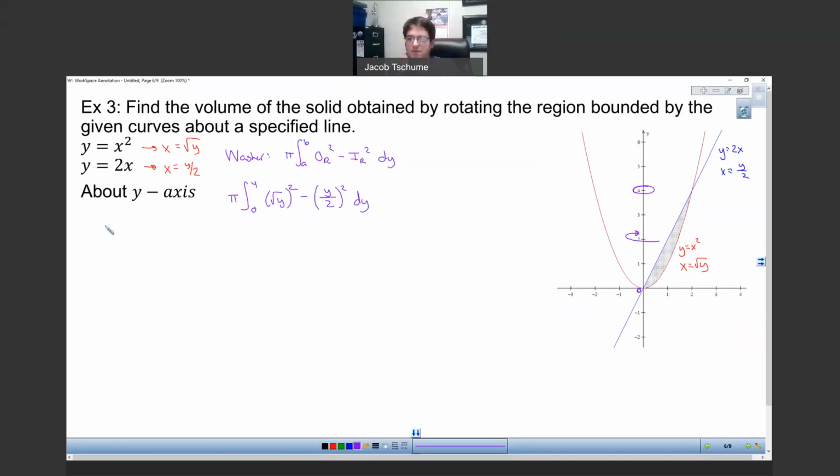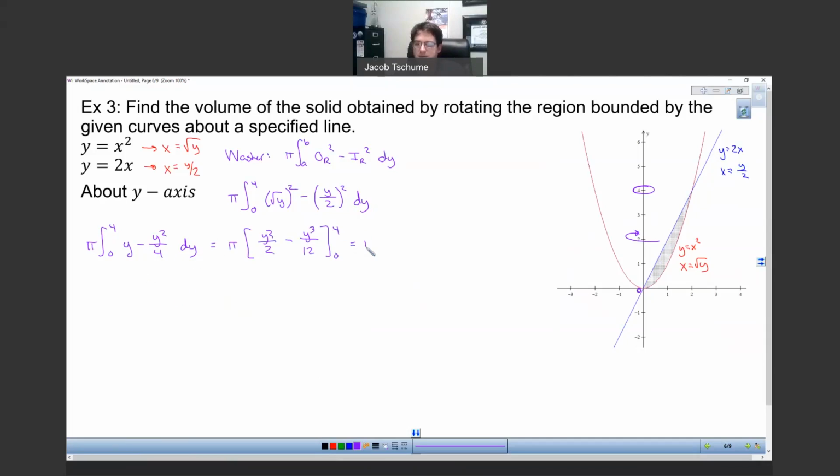We can square both of those terms. So this would be pi times the integral from 0 to 4 of y minus y squared over 4 dy. And then you want to integrate both of those terms. So this would be pi times y squared over 2 minus y cubed over 12, evaluated from 0 to 4.